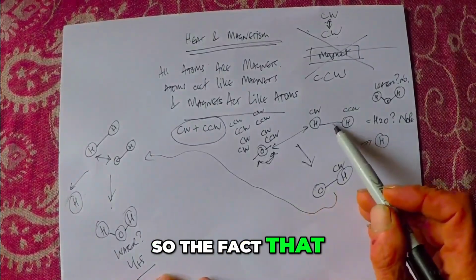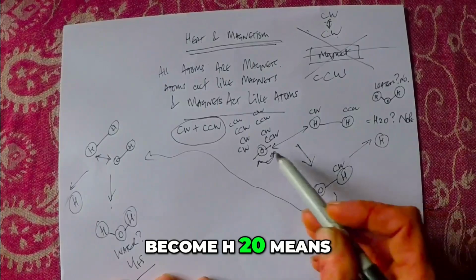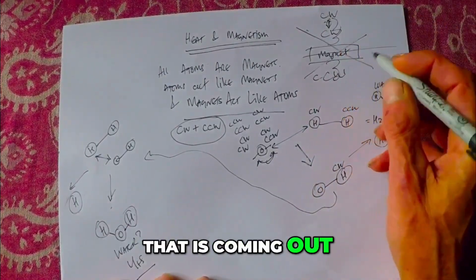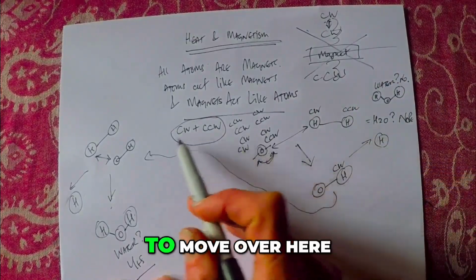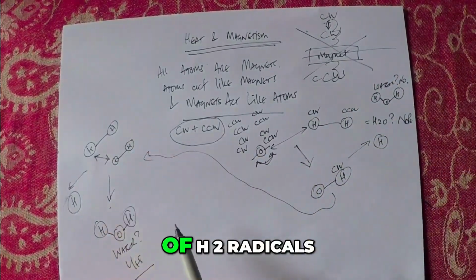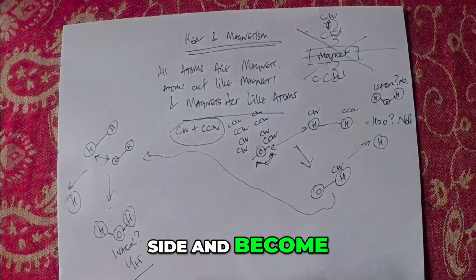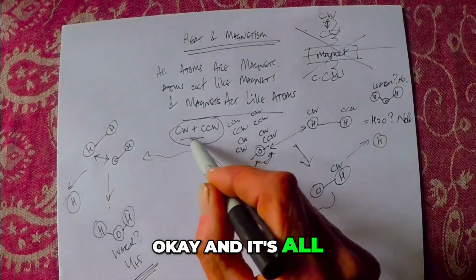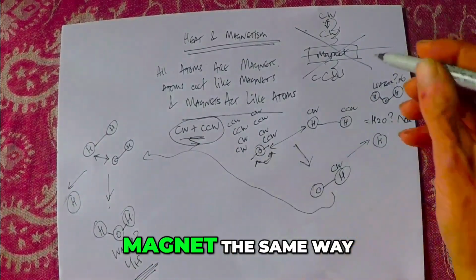So the fact that this H2 and this O do not become H2O means that the rotational vortex coming out of this does not grab hold of that one. So this one has to move over here to a different set of H2 radicals, pick up the opposite side, and become H2O.